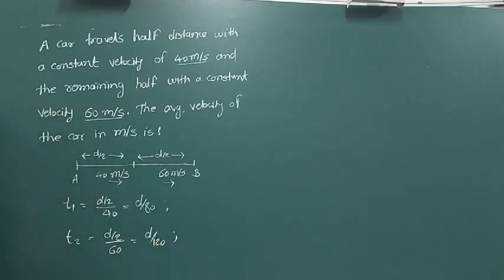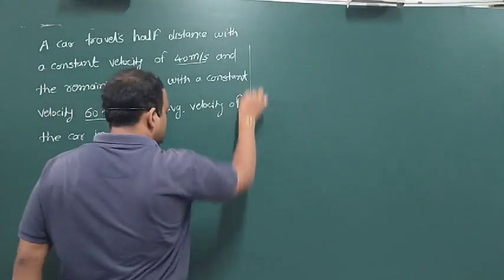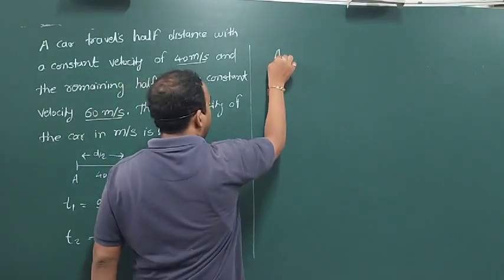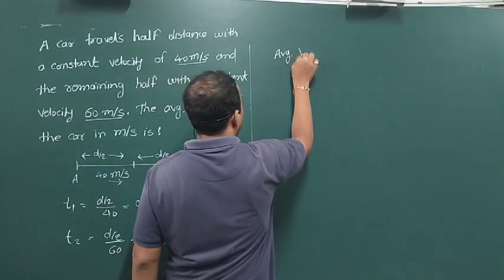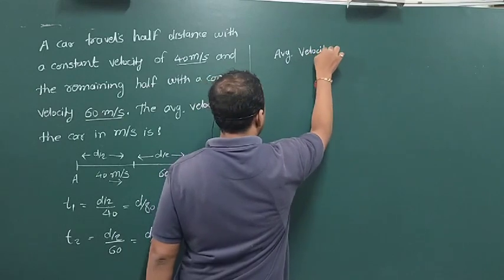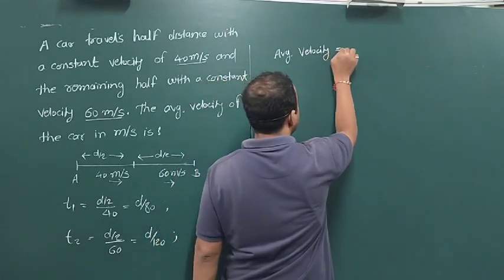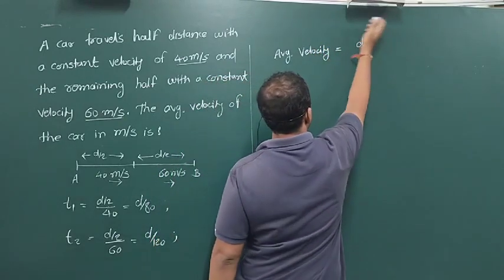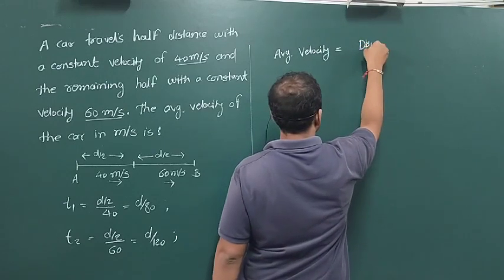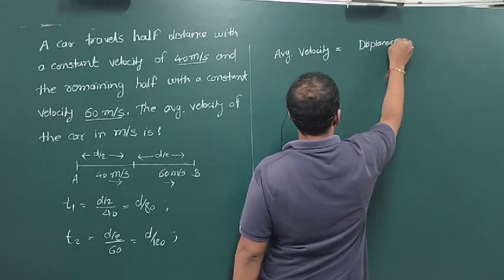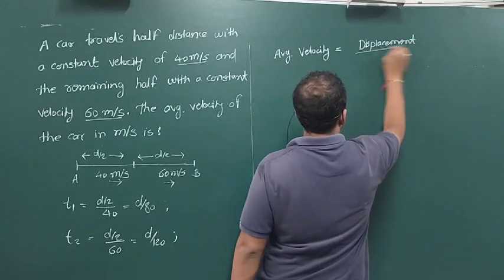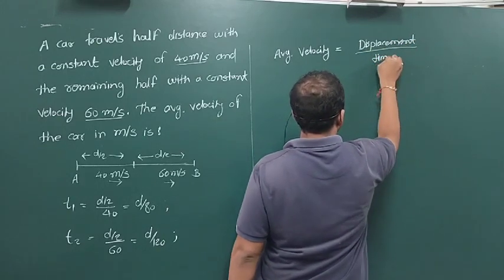Okay, now the formula for average velocity is equal to displacement upon time.